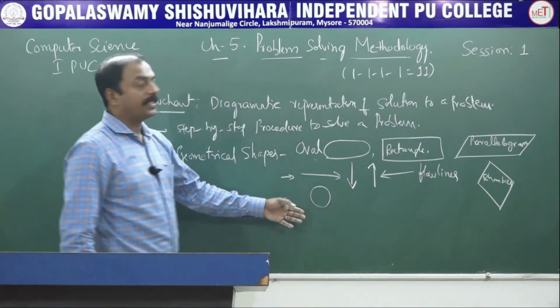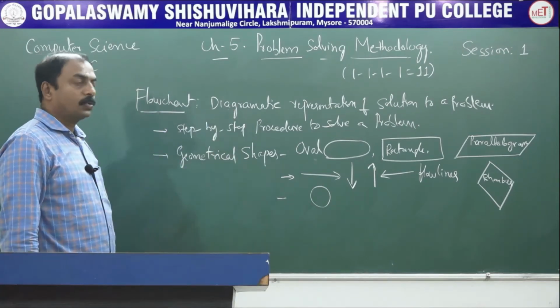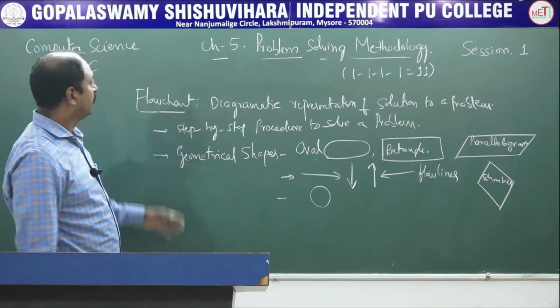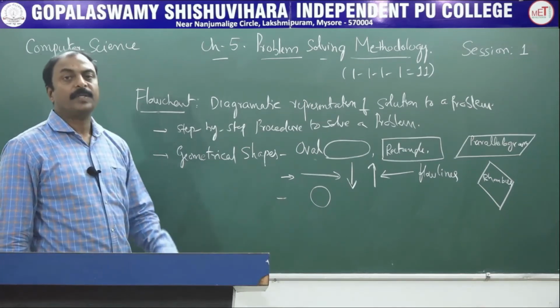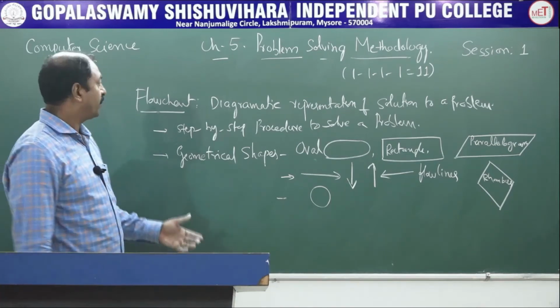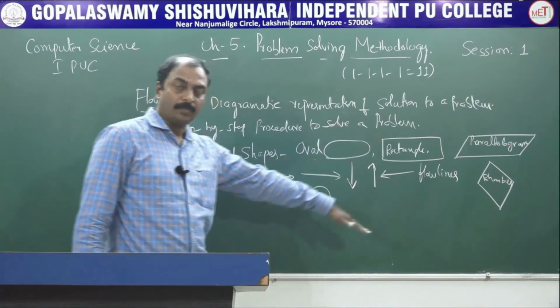All these different shapes we are making use of to draw a flowchart to represent a solution to a particular problem. You can differentiate algorithm and flowchart. Algorithm is nothing but a textual representation, whereas flowchart is a diagrammatic representation to solve a problem.